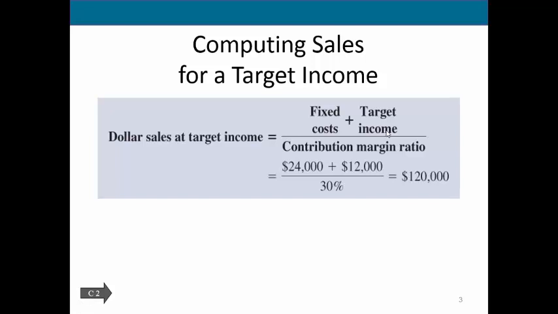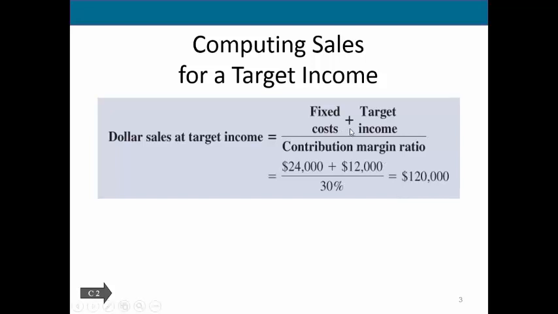So now what we're doing is we're saying we want a target income of $12,000, whereas before we calculated that break-even point at a break-even point or a profit of 0, so we didn't have anything extra in our numerator. If we are increasing our numerator but not changing our denominator, what we're going to see is an increase in our required sales in dollars or in units, because our numerator is increasing, and that makes sense.